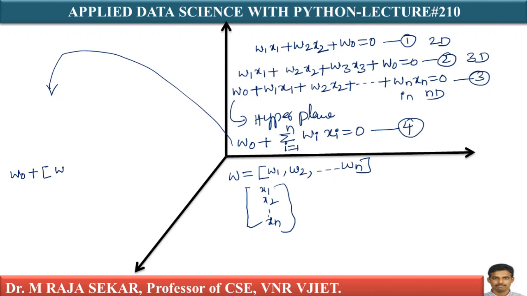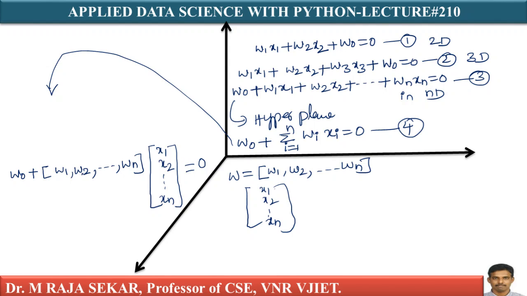W1, W2, so on Wn, into what is my vector, x1, x2, xn equal to 0. Can I write like this? Yes, I can write like this.